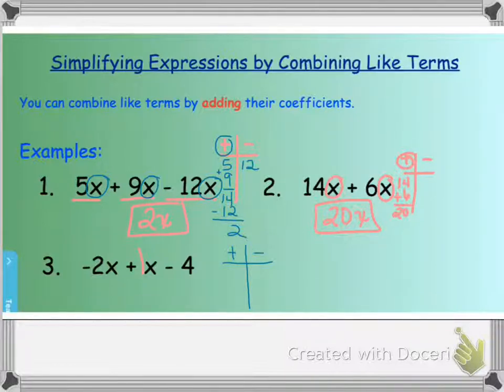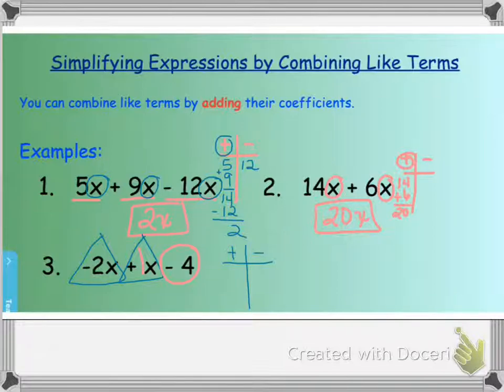So when I go to combine these, I've got negative 2x, a positive 1x, but then I've got this negative 4.